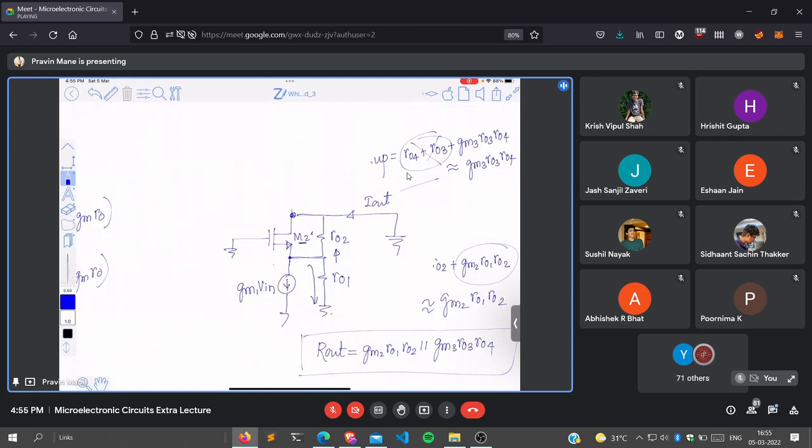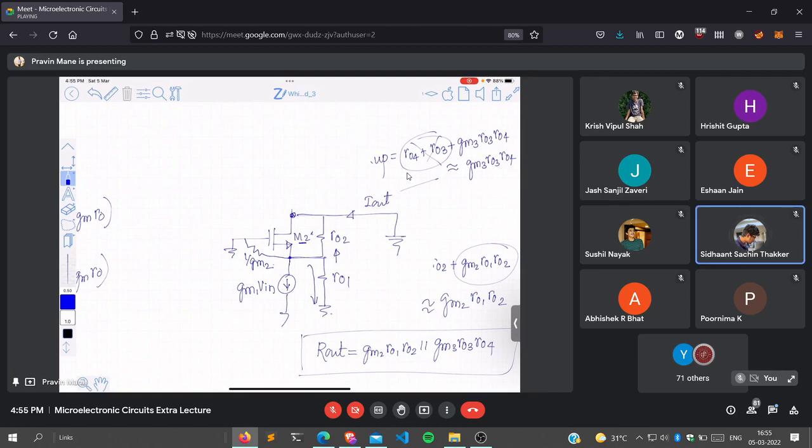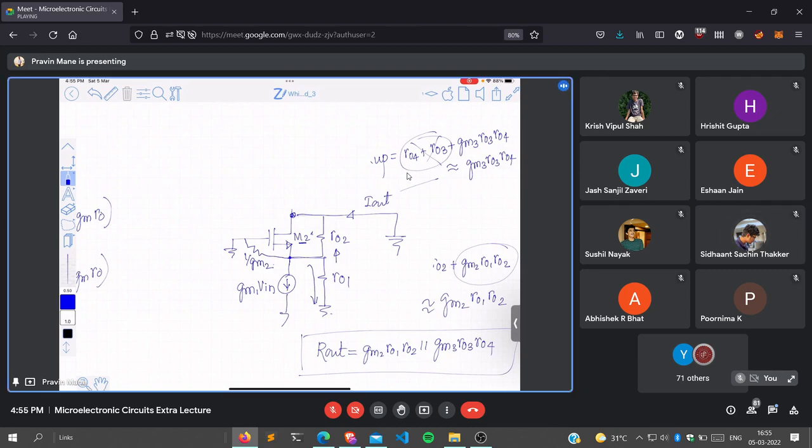Where is 1 by Gm2 present? Here, right? This is 1 by Gm2. And where is RO2? So 1 by Gm2 and RO2, are they in parallel? Yes, sir. They are in parallel.